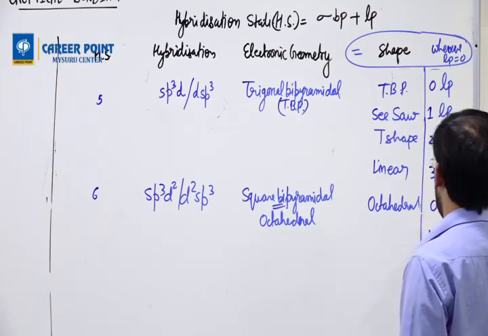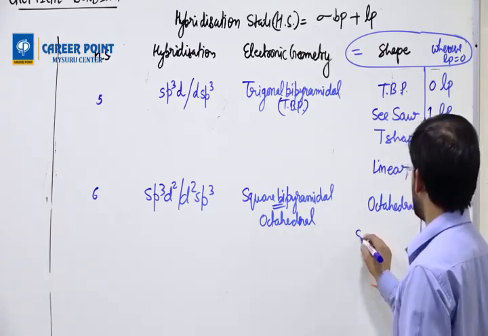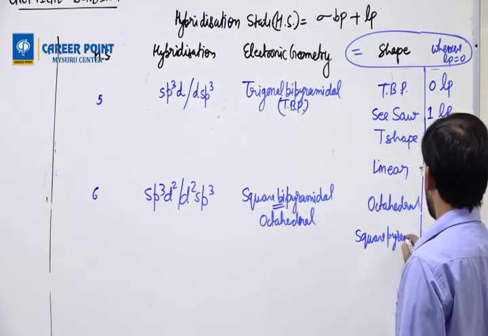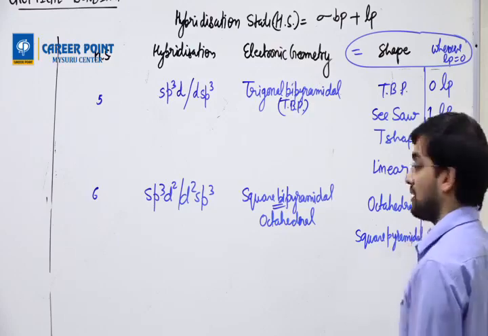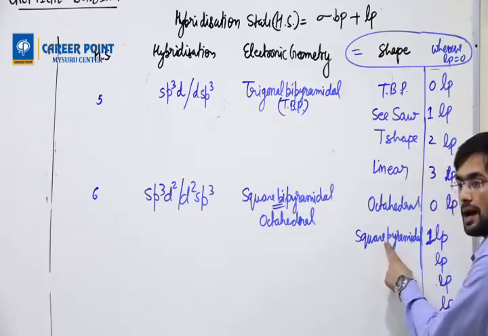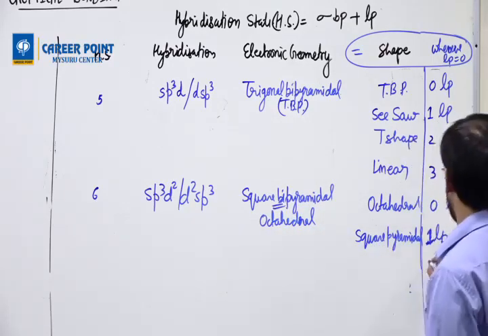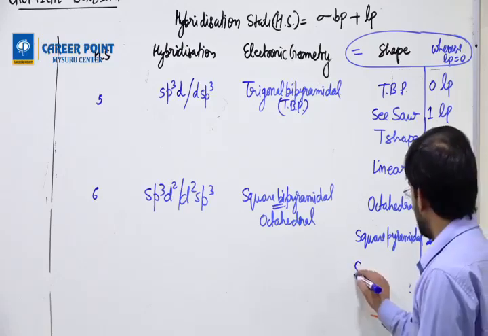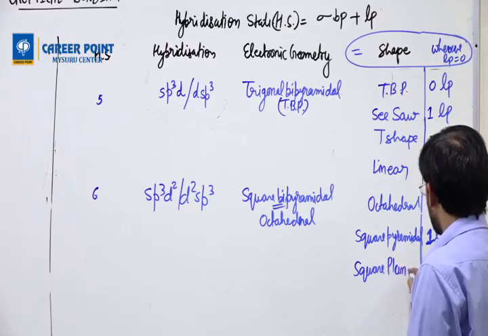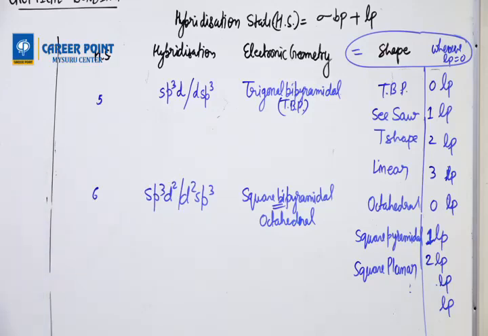But if you have one lone pair, its shape is known as square pyramidal. There is a difference. Here there is a word called bi. There is no bi here. This is a double pyramid, this is a single pyramid, square pyramidal. And if you get two lone pairs, it is known as square planar. More than two lone pairs you will not have at all.